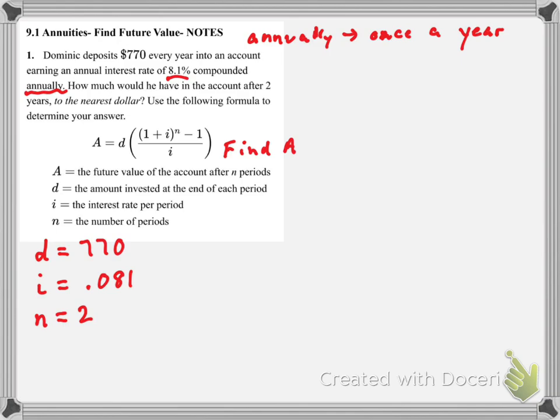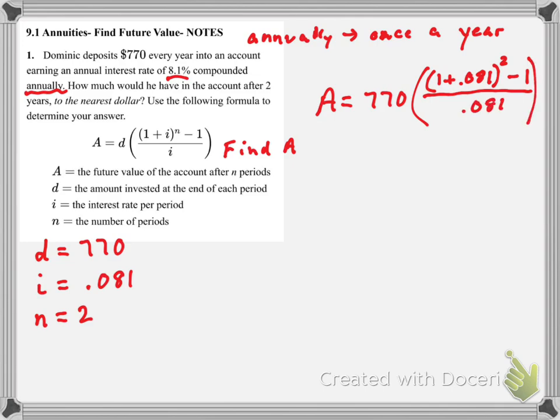So A equals D is 770 times, then big parentheses, 1 plus I is 0.081 to the n power, n is 2, minus 1, all over whatever I is. Well, I is 0.081.